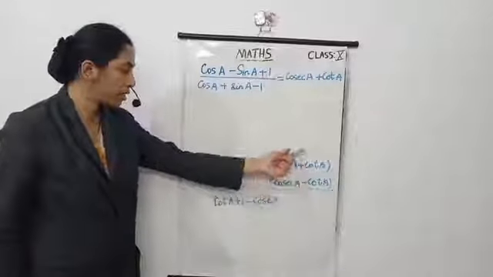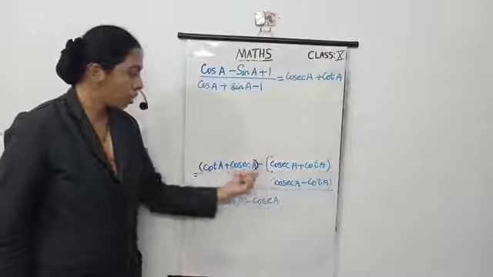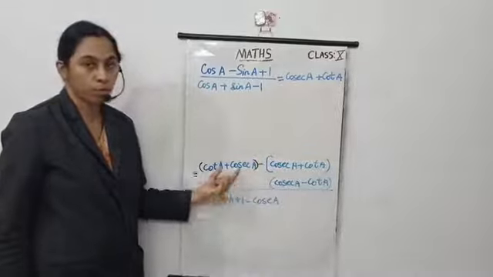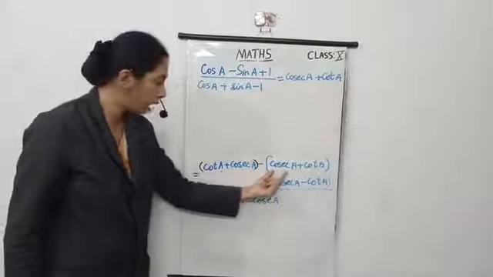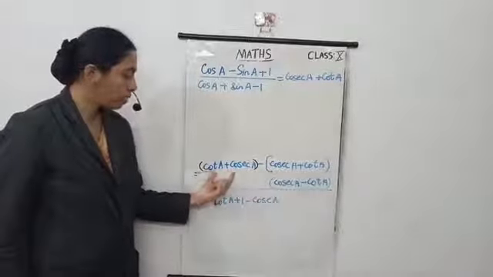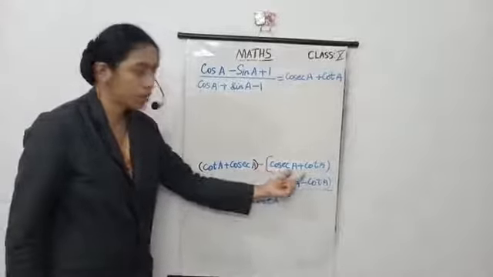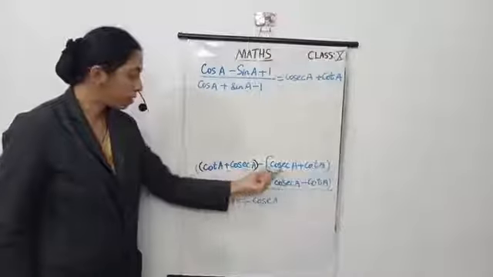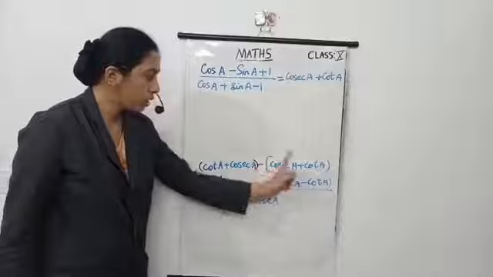Now consider this one together inside the bracket: cot A plus cosec A minus (cosec A plus cot A) into (cosec A minus cot A). Here multiplication. Both terms have the same term, isn't it? Here cot A plus cosec A, here cosec A plus cot A. Here it is plus, so the place changes, no problem.